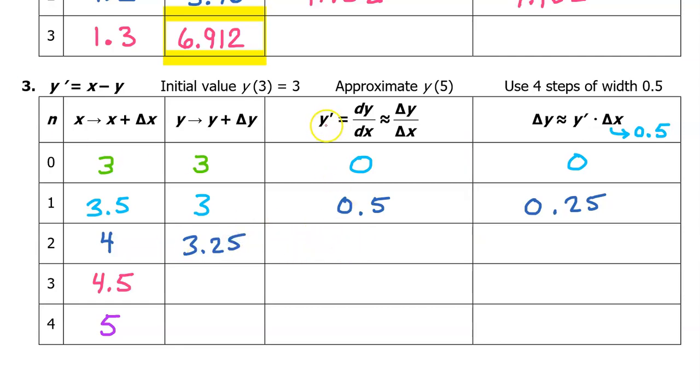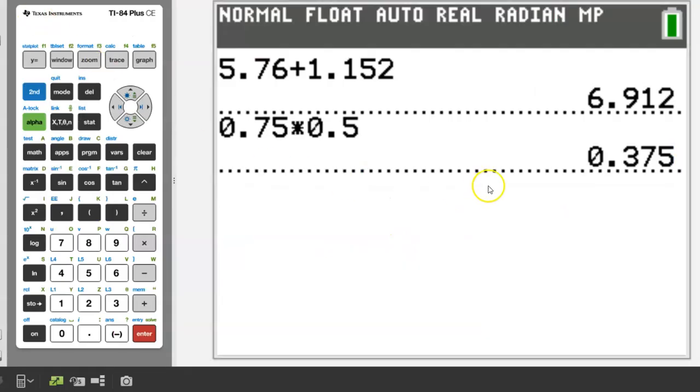Let's do it again. We need y prime, which is x minus y. In this case, 4 minus 3.25. That is 0.75. Now we need delta y, which is y prime times delta x. In other words, 0.75 times 0.5. That is 0.375.